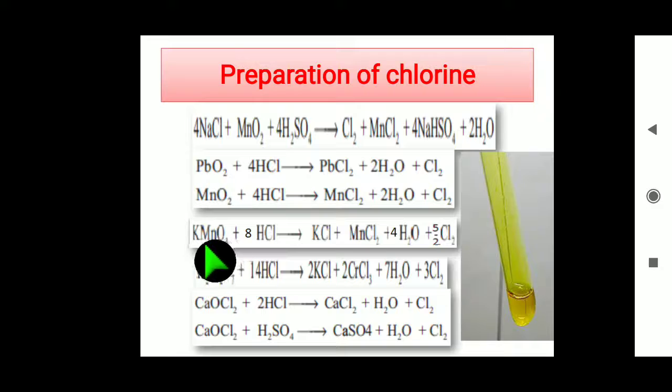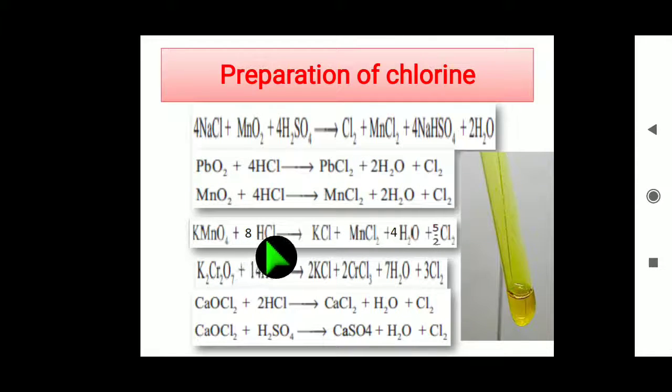Next, the fourth equation, potassium permanganate reacting with hydrochloric acid. Here we have to see the oxygen. On the left side we see K1 with 4 oxygen, so on the right side make it 4. Then hydrogen 4 into 2, 8, so here you write 8.